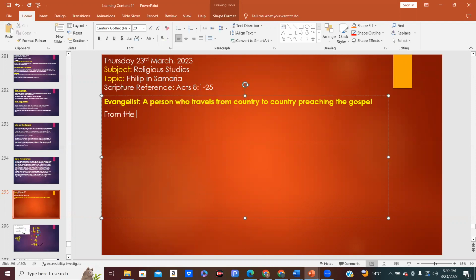So from the day Stephen was killed, a great storm of persecution burst upon the church in Jerusalem.